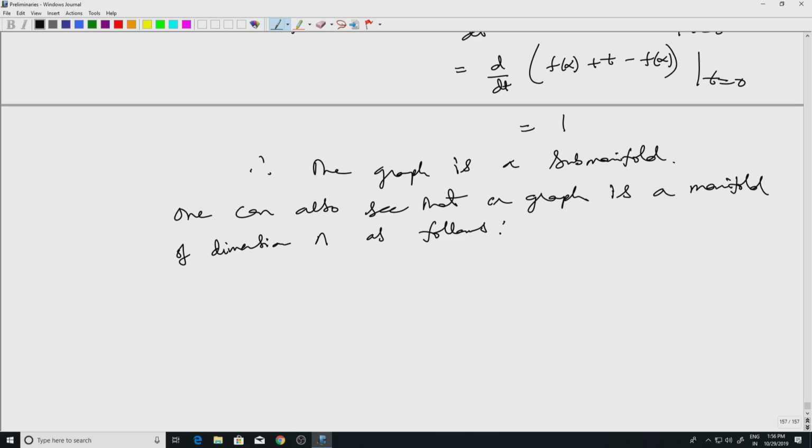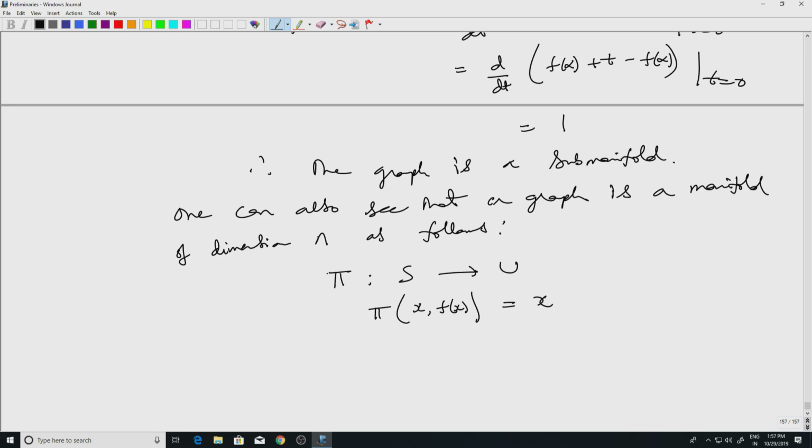In fact, the graph is just diffeomorphic to the open set U that we started with. So I'll define the projection map pi from the graph S to U in a very simple way: the graph consists of points of the form (x, f of x), and I just project it to x in U.